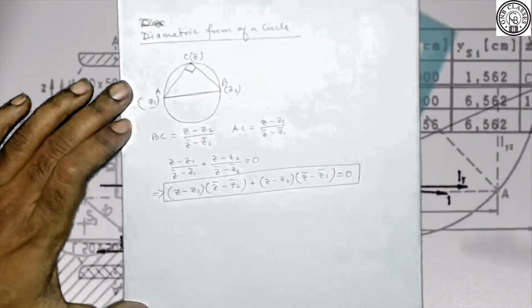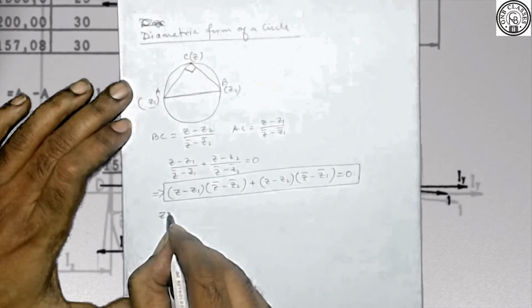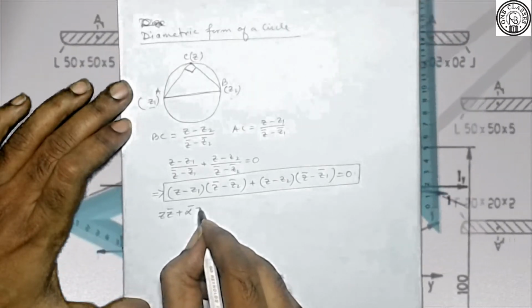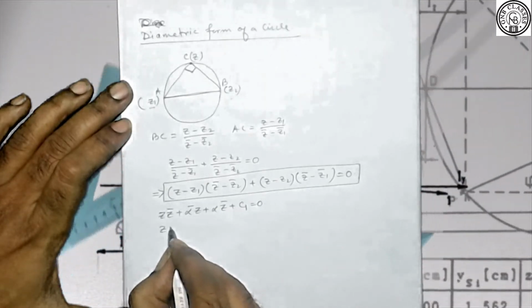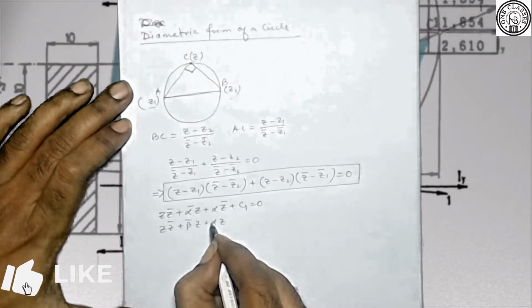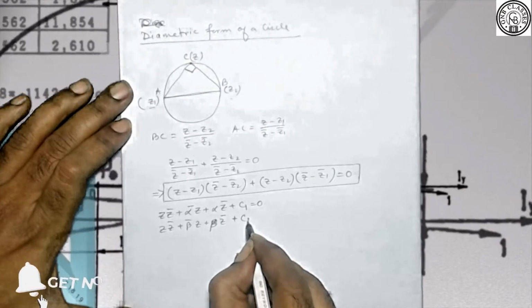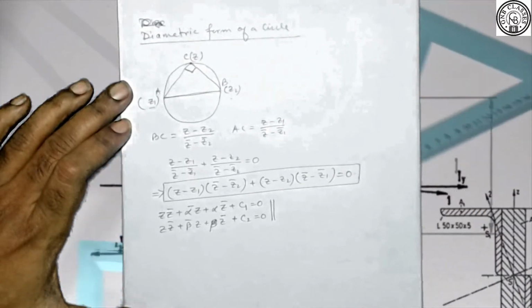Absolutely? Okay. Now one more thing I can say here, that suppose I have taken two circles, I'm sorry, this is beta, Z bar plus C2 equals to 0. These are the two equations of circles on a complex plane.